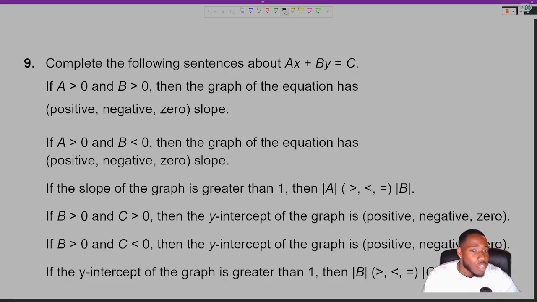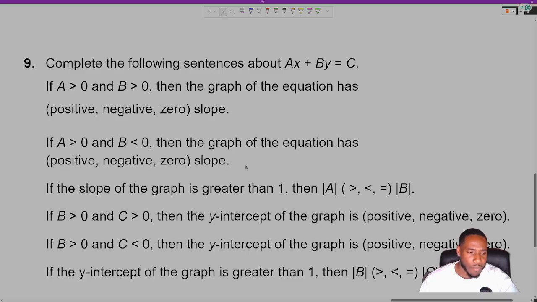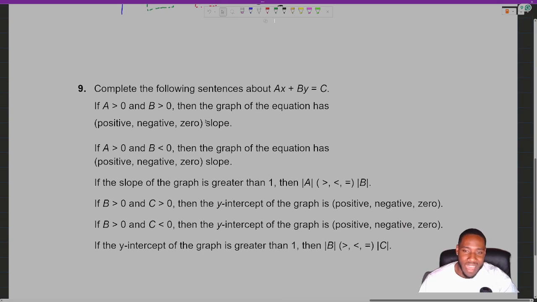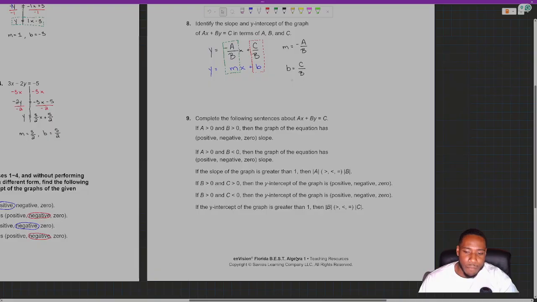Okay? So it says, complete the following sentence about ax plus by equals c. And the first sentence reads, if a is greater than 0 and b is greater than 0, then the graph of the equation has either a positive, a negative, or a 0 slope. So let's look for a place in this worksheet where we've had an a value greater than 0 and a b value greater than 0.